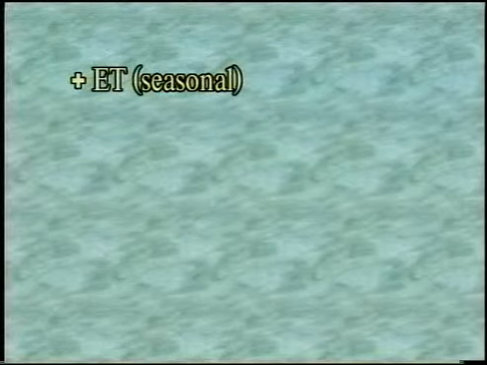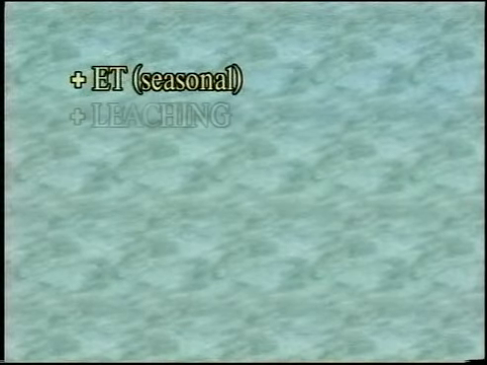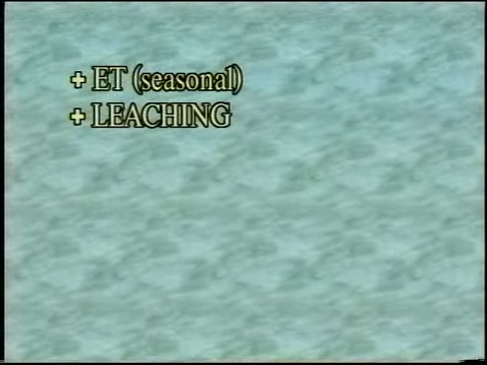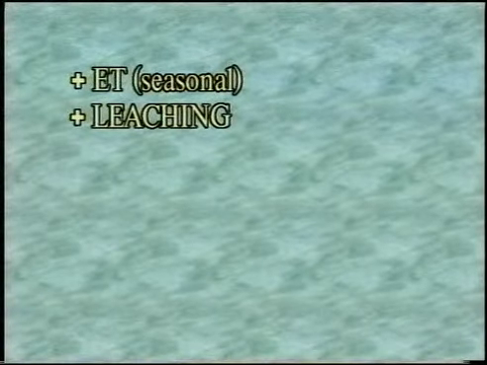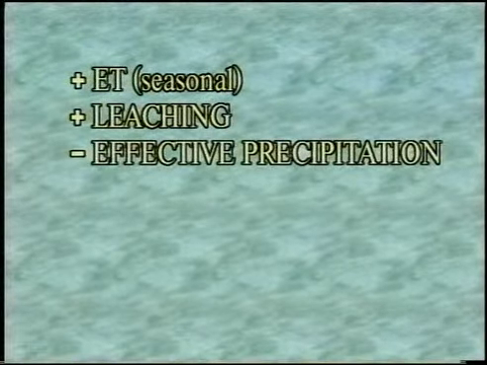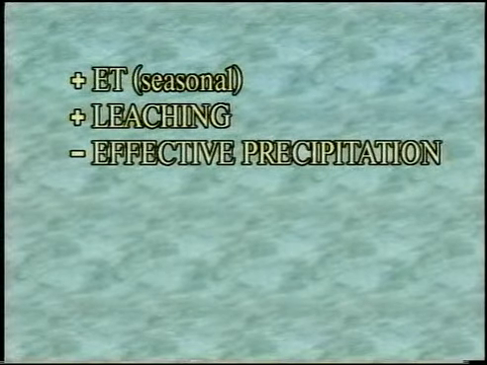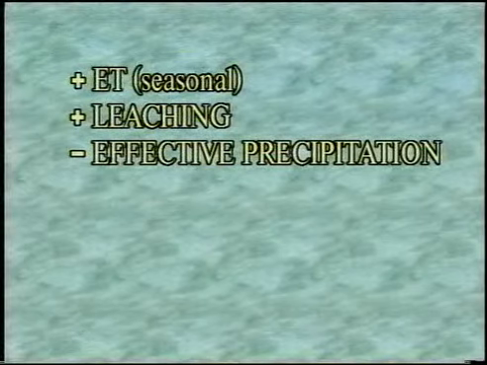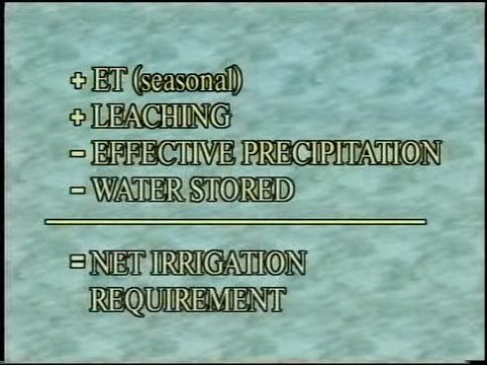Net irrigation requirement will equal the ET for the season plus leaching minus effective precipitation minus water stored.